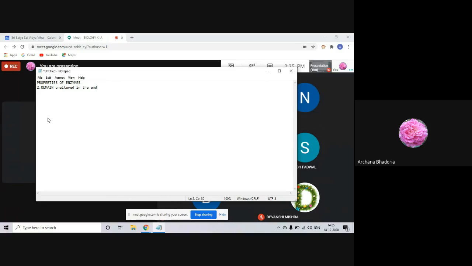Yes or no? Yes, ma'am. Devanshi, can you read out what you have noted? Yes, ma'am. The enzymes emerge from a reaction or a set of reaction in an unaltered state, and this enzyme molecule may now enter into another reaction with another substrate of the same type.